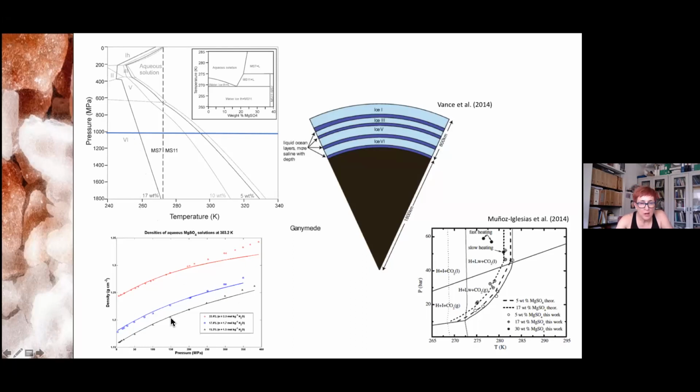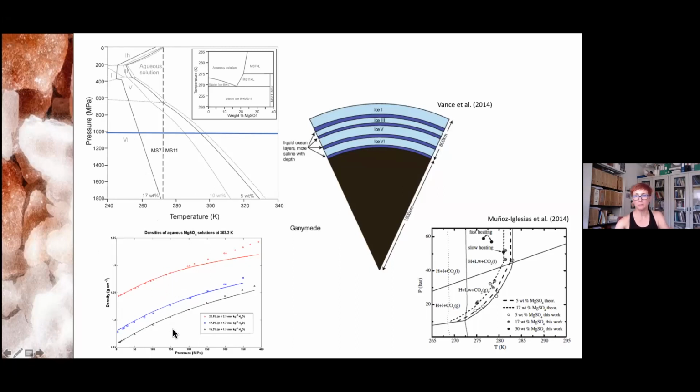Here below you have a diagram that shows how the density of the magnesium sulfate water system varies according to the pressure and with different concentration.